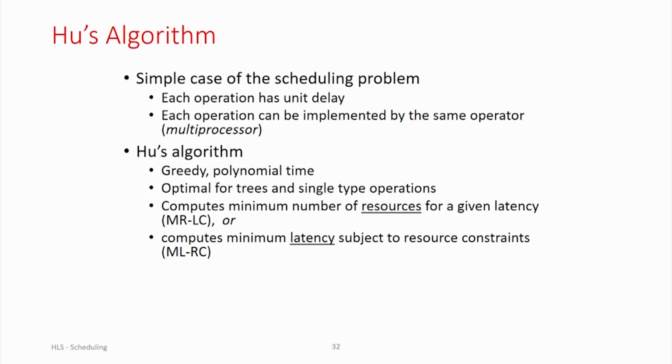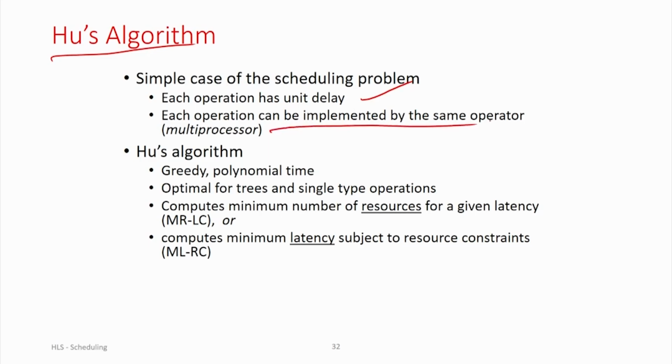So, I will now move on to the next category of algorithm, which is heuristic based. But before that, I am going to talk about this Hu's algorithm, where some simplifying assumptions are made: each operation is unit delay. That means each operation has to be executed in one cycle, and all operations are of the same type.